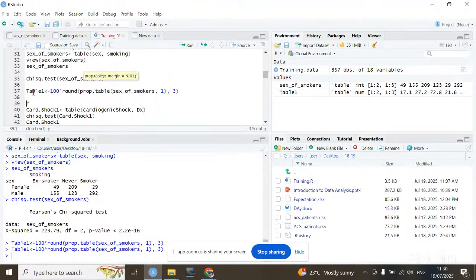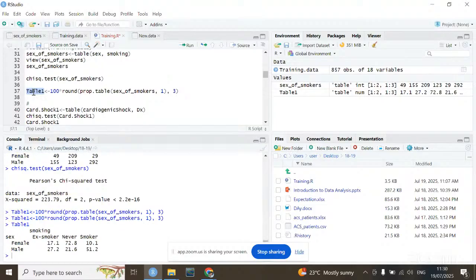So if we view our table, realize we have the sex of the participants and the smoking status: those who have stopped smoking, those who have never smoked, and the smokers. We could view this table using the function view.